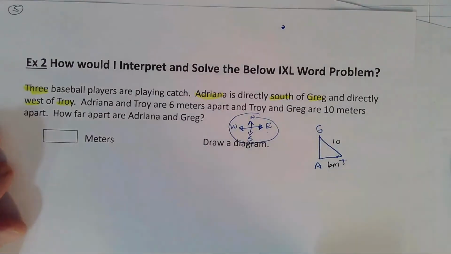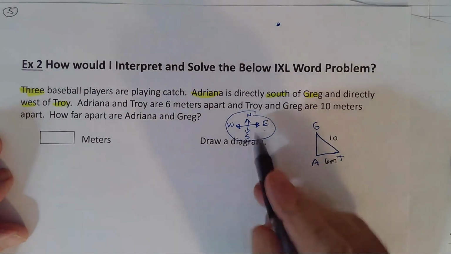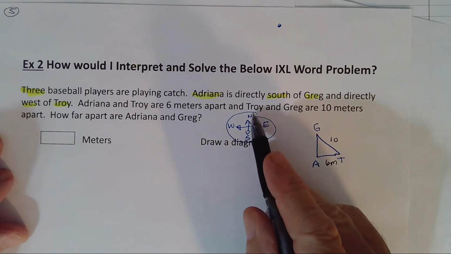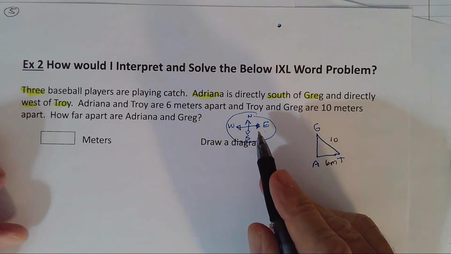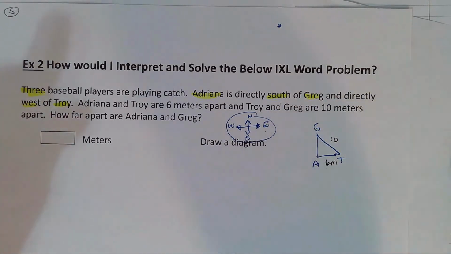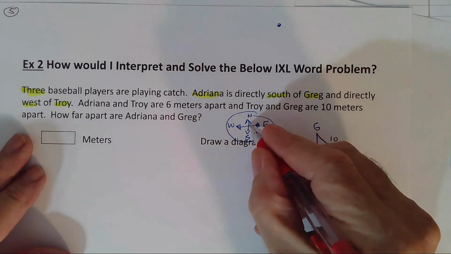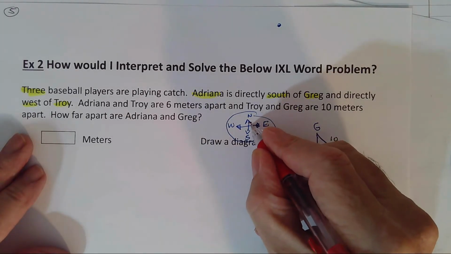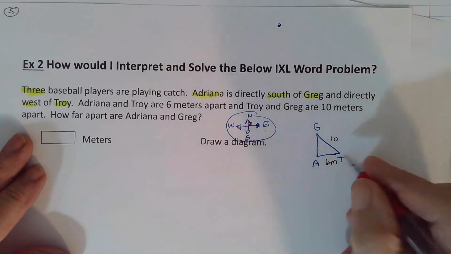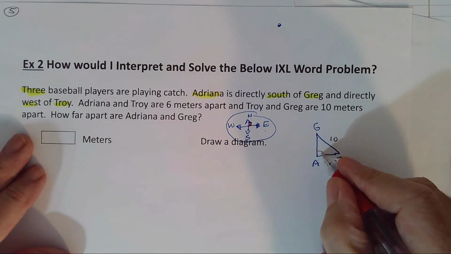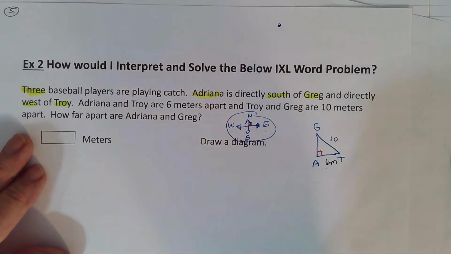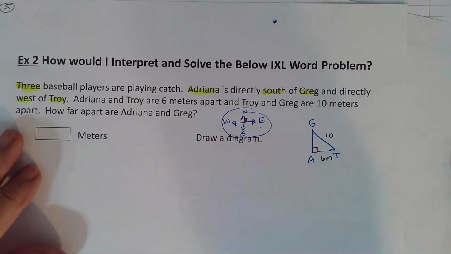Now, compass rose, you'll notice, is 2 lines that intersect, and north, south, east, and west are at 90-degree angles. This is something we just should know. So that means that these are right angles, right? And so this is a right angle. It's 90 degrees. So what kind of triangle is this?